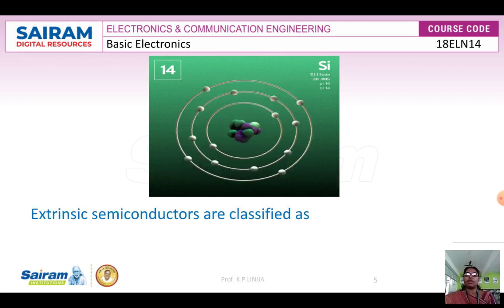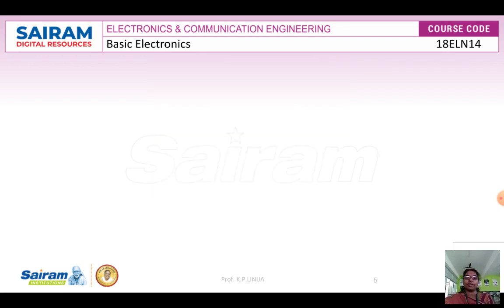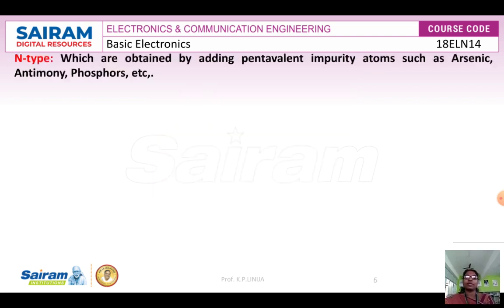Followed by this we are going to classify the extrinsic semiconductors. Extrinsic semiconductors are classified into two types: P-type semiconductor and N-type semiconductor. Now we will see what is an N-type semiconductor. An N-type semiconductor is obtained when we add a pentavalent impurity atom to the semiconductor material.